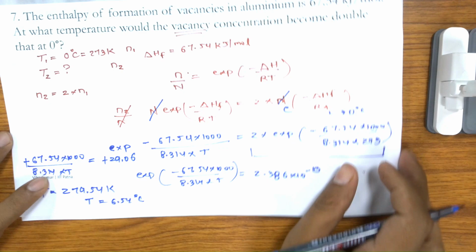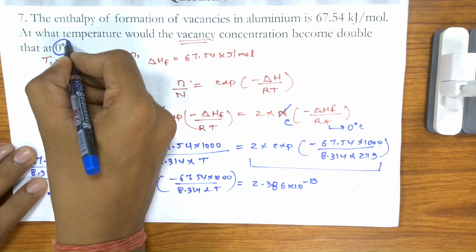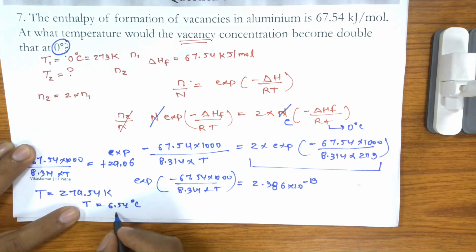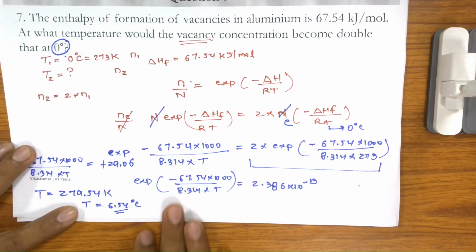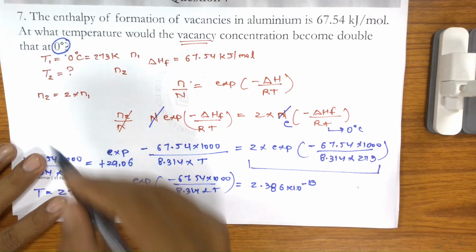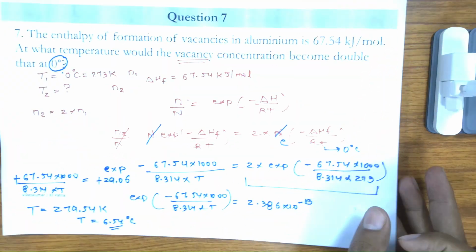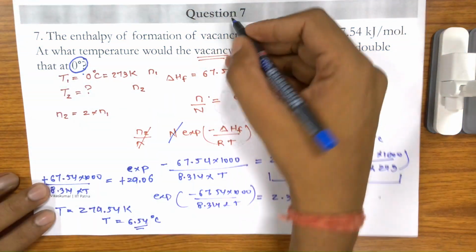So let's see now. If we increase the temperature from 0 degree to 6, we can almost say around 6.5 degrees Celsius, the vacancy concentration is going to be doubled, right? It's a very interesting question. So with that we have solved question number 7.